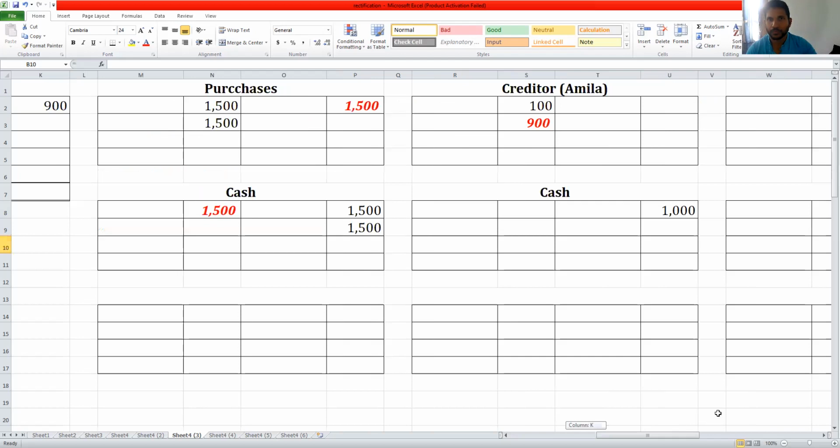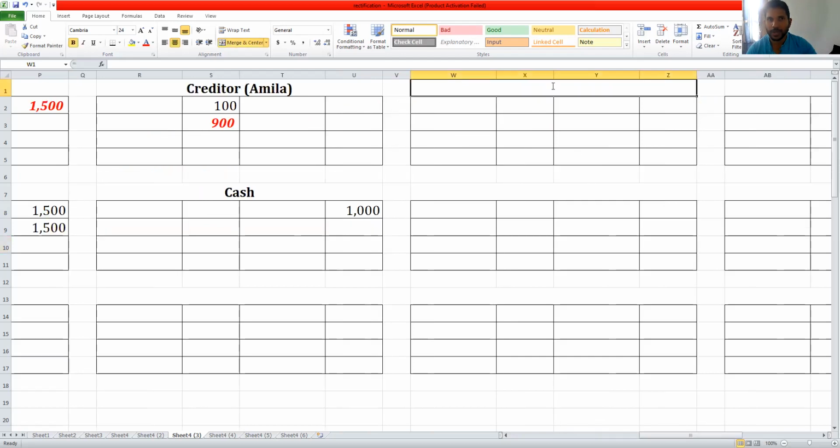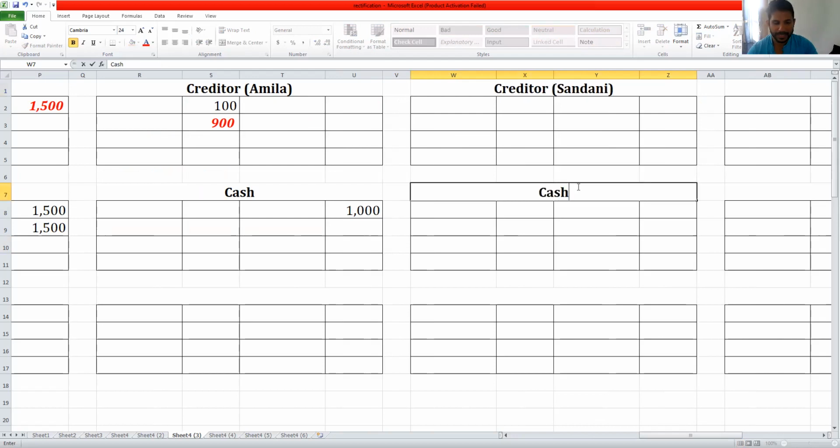Once again when you have paid a creditor, but this time Sandani, we have to use the Sandani account and the cash. We have paid 3,500 to her, but we have not recorded that in Sandani's account, but cash is correctly credited.